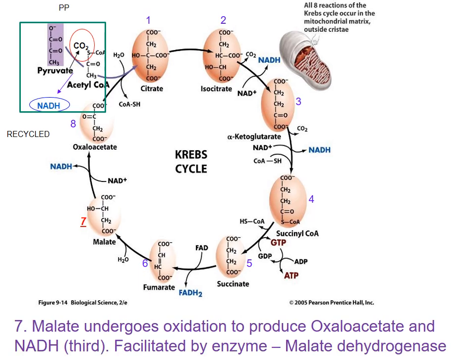Step 7 sees the malate being oxidized to produce oxaloacetate. So there's a little clue as to where oxaloacetate may be coming from, that question that we asked earlier in the lecture. And then the third NADH electron carrier, facilitated now by the enzyme malate dehydrogenase.